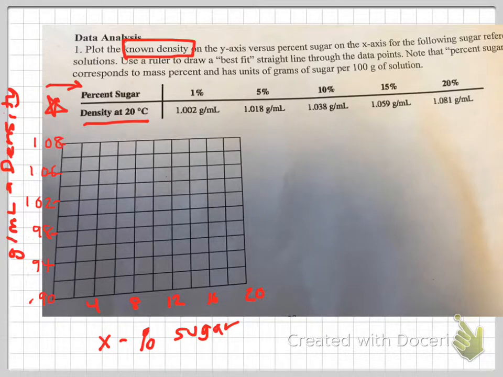And then what we're going to do is plot each of these values. So first I'm going to do 1% and 1.002. So here's my 1%, and then I'm going to go up to 1.002. That's going to be right about here.